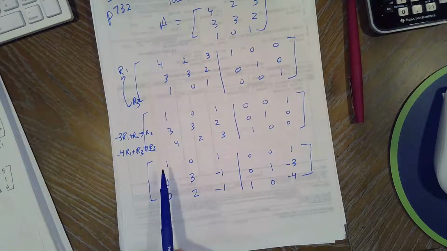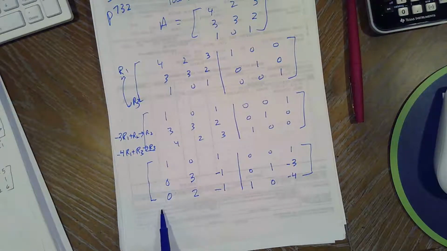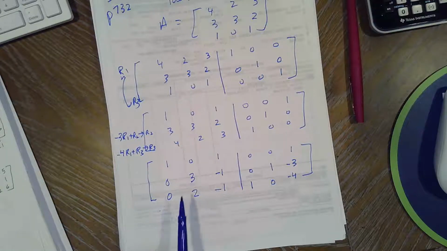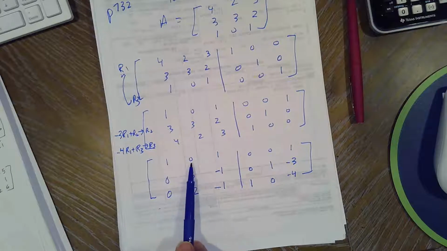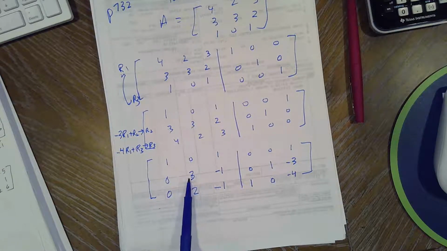So we got the 1, we got the zeros, and we want to have a 1 here. We already have a 0 up there, but we want a 1 here.